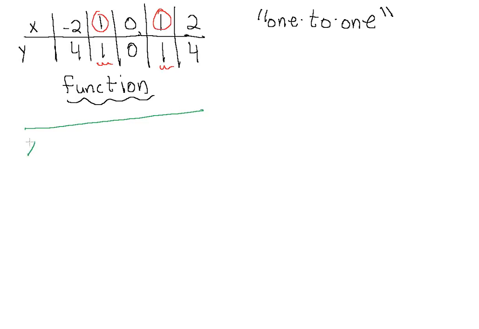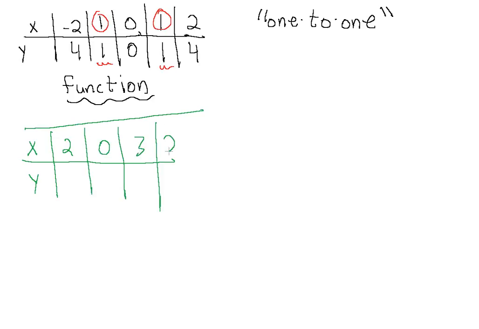Let's say we have the table of values of x and y. The x values are 2, 0, 3, 2, and 0. And we're given the y values are 8, 2, 4, 12, and 2. Okay, so what are we looking for? We want to find if we have an x value appearing more than once.